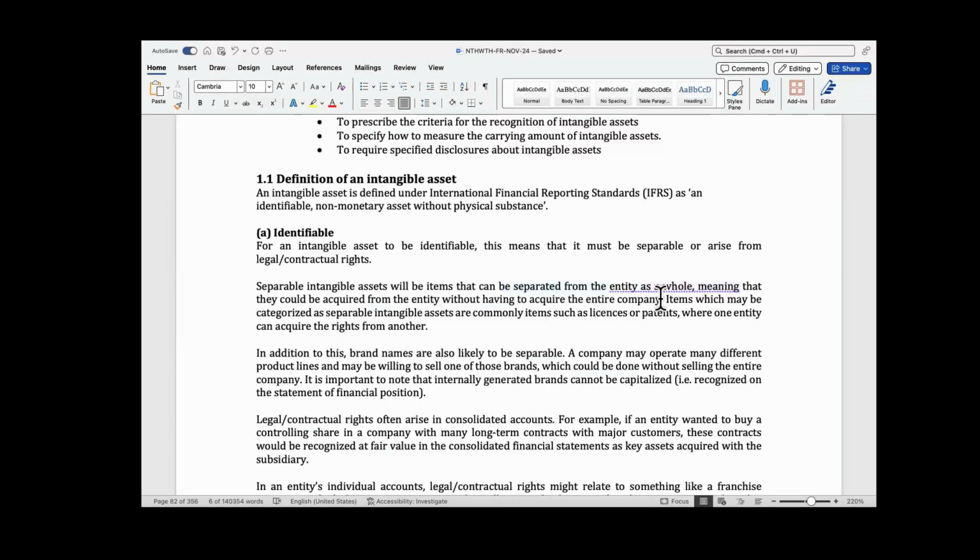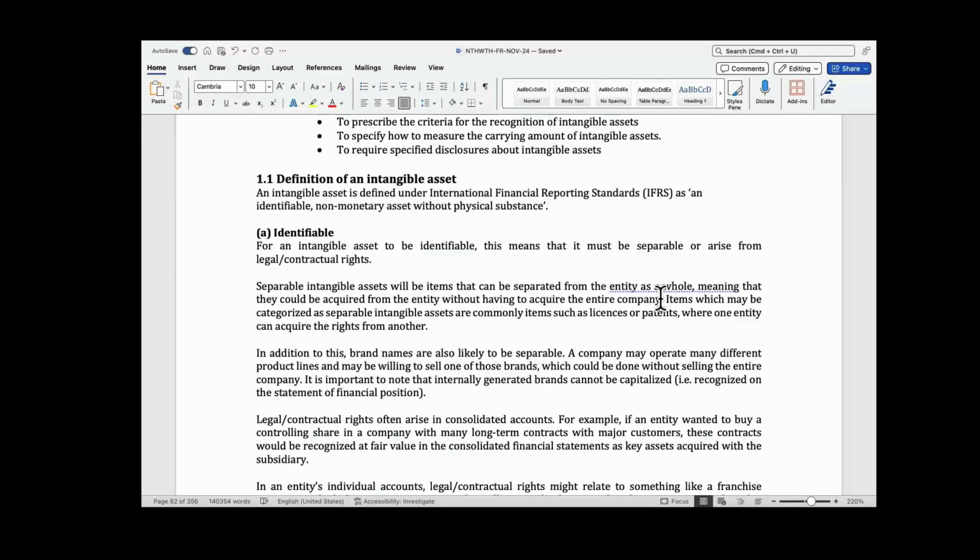So it means it's separable. You can actually sell it separately, or you can rent it out, or lease it out, or transfer it to another party. So it can be separated from the entity.